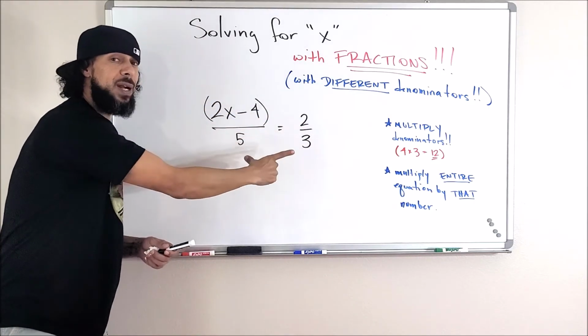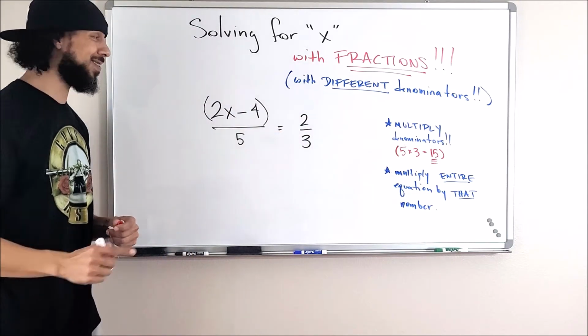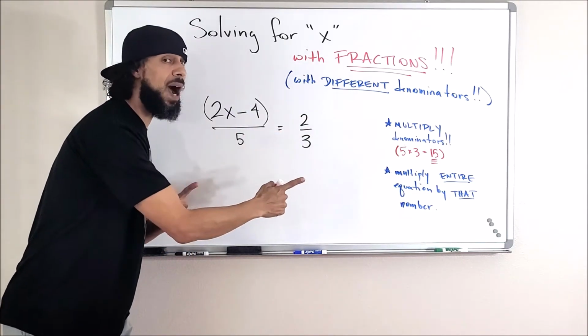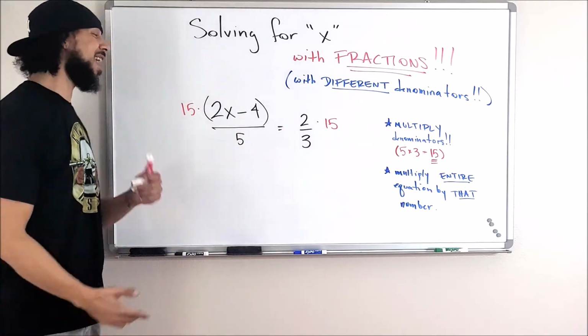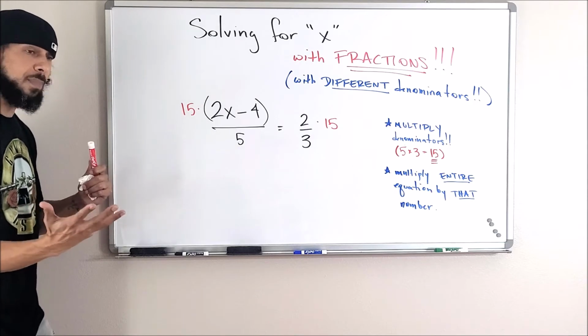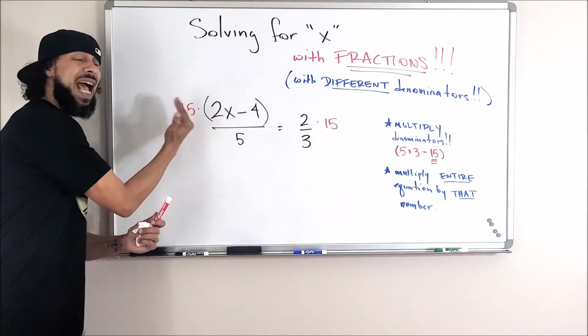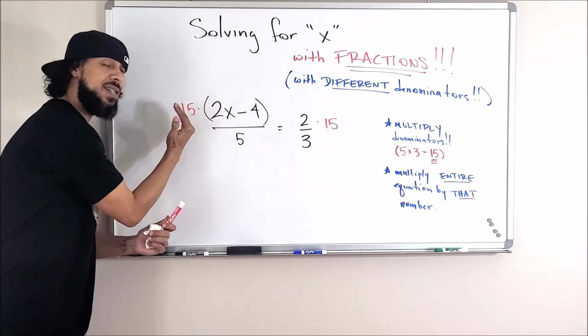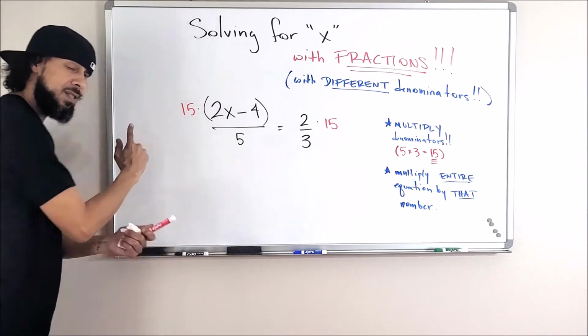2 different denominators. What should I do first? Multiply those denominators, and then I multiply both sides by that. Exactly right. Now let's talk about what happens to these numbers. 15 divided by 5. This 15 is outside of these parentheses, so this 15 is by itself. 15 divided by 5 is 3.